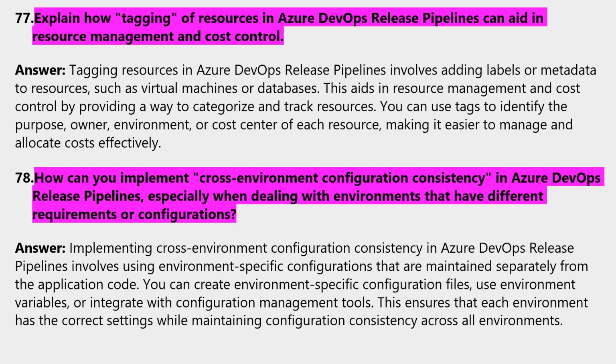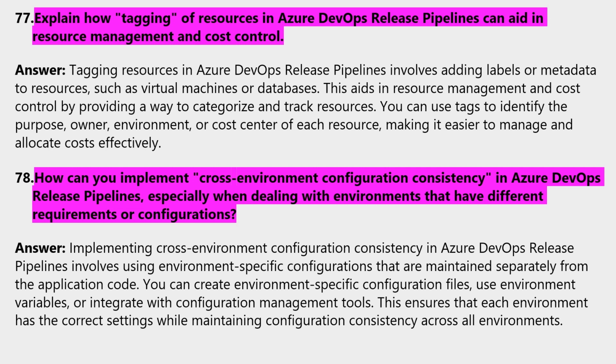How can you implement cross-environment configuration consistency in Azure DevOps release pipelines, especially when dealing with environments that have different requirements or configurations? Answer: Implementing cross-environment configuration consistency in Azure DevOps release pipelines involves using environment-specific configurations that are maintained separately from the application code.